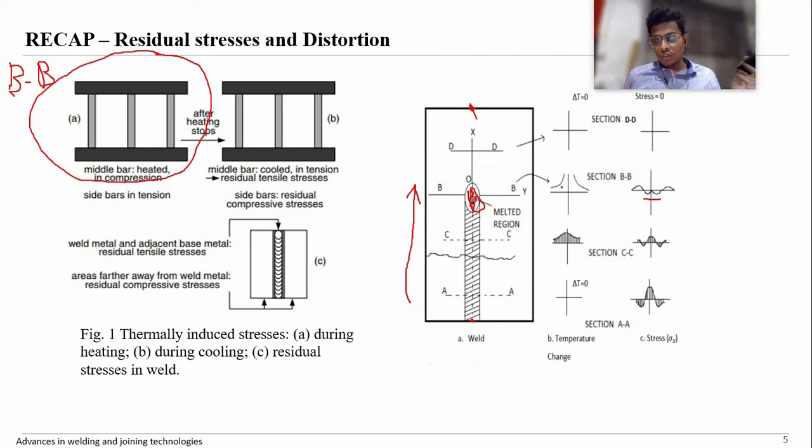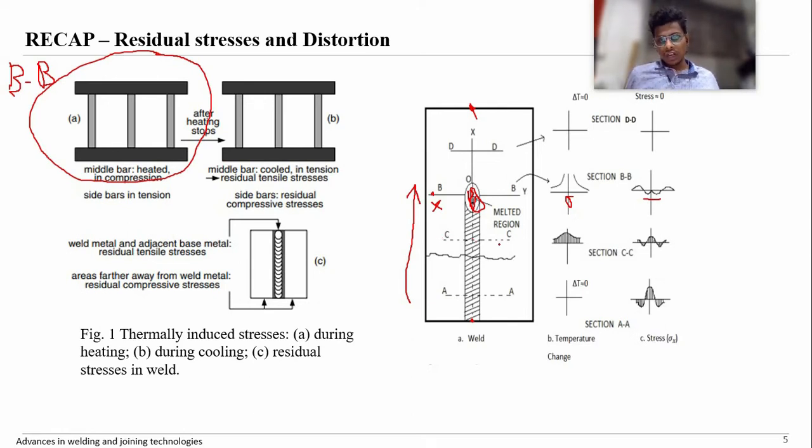I also forgot to mention that if I consider the center as point O, from this point x to the center O the temperature will be rising, like this. This temperature change is given by this expression.